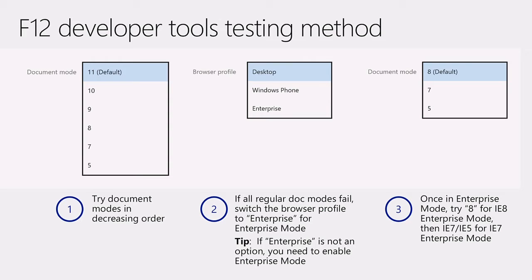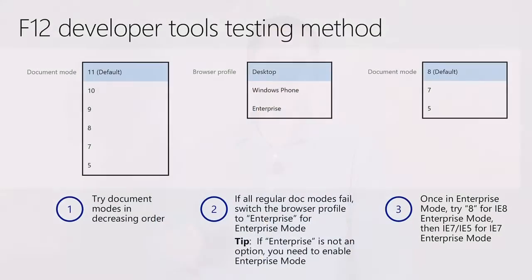And that's for a couple of reasons. One is performance. There is going to be a little bit of a hit running in enterprise mode because, of course, you're running in a much higher fidelity emulation for IE8. It still is going to run much faster than IE8. Remember, IE8 didn't have any hardware acceleration whatsoever. So in IE11, running in enterprise mode, you're still going to be an order of magnitude faster than running in IE8 natively.